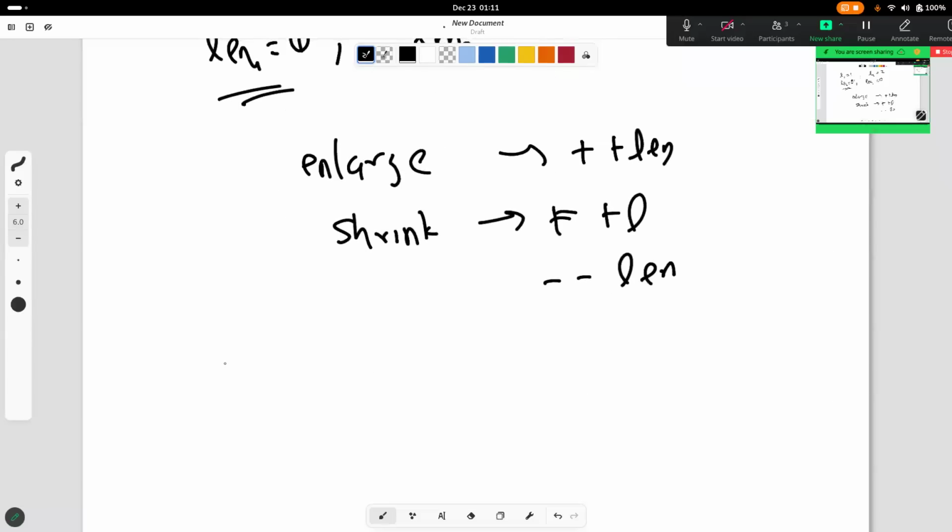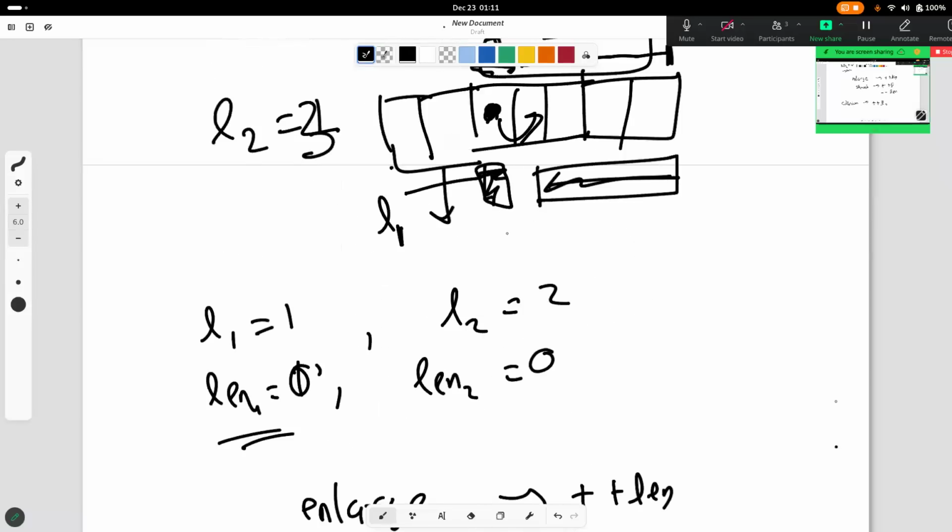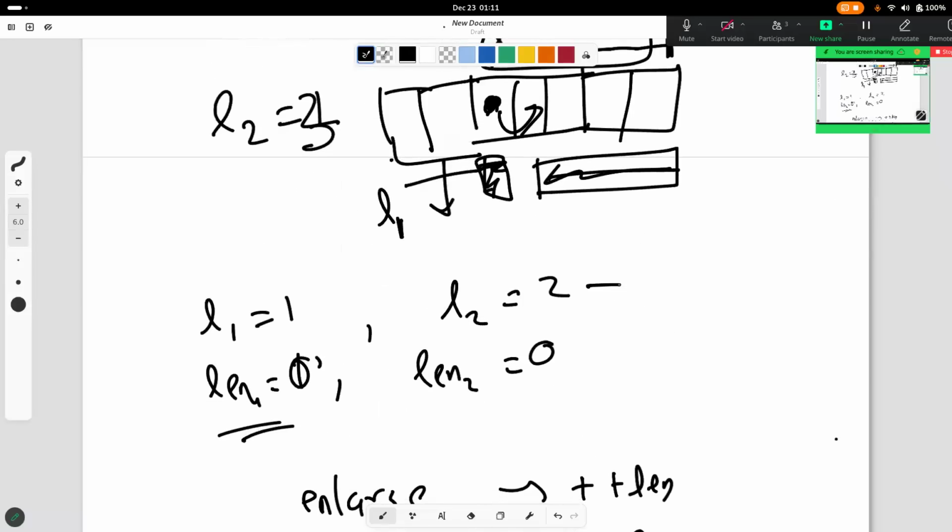And if at any point there's collision between the two snakes, in that case, increment L2. Incrementing L2 is as good as saying that instead of starting with L2 equal to 2, we started with L2 equal to 3. One more increment, instead of starting with L2 equal to 3, we started with L2 equal to 4.